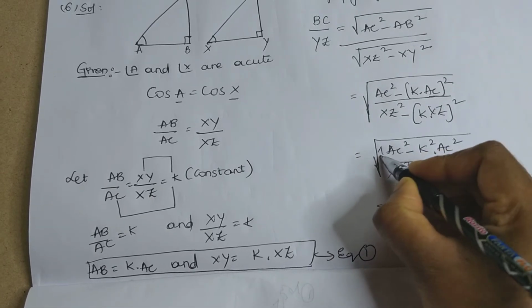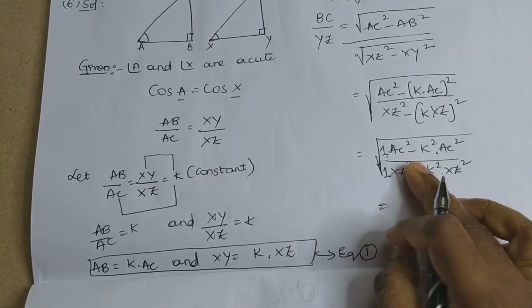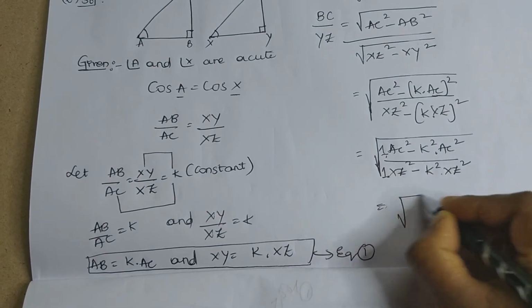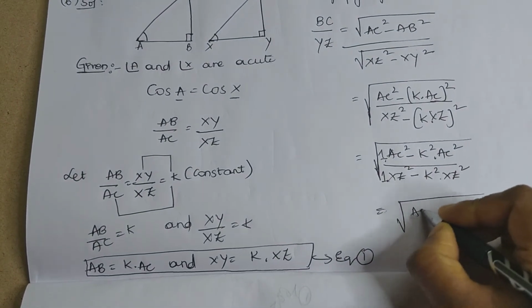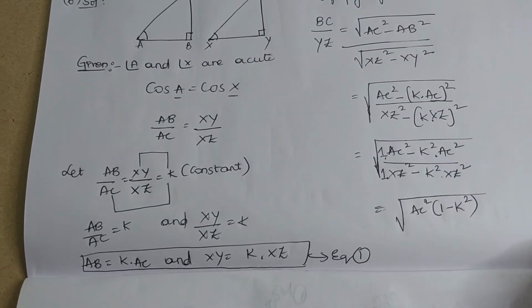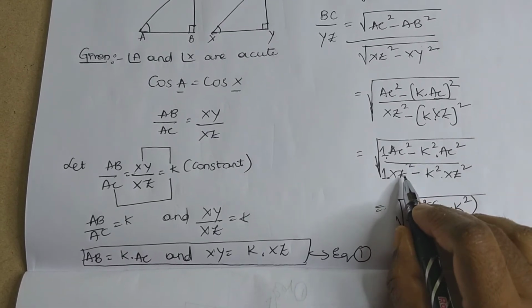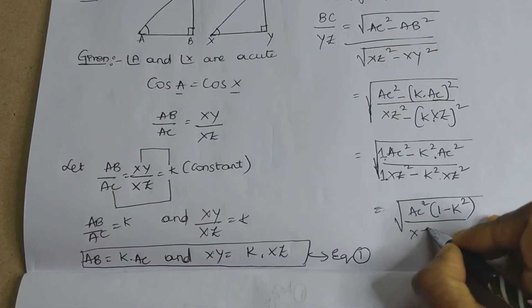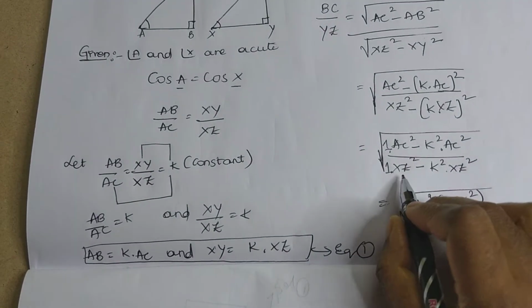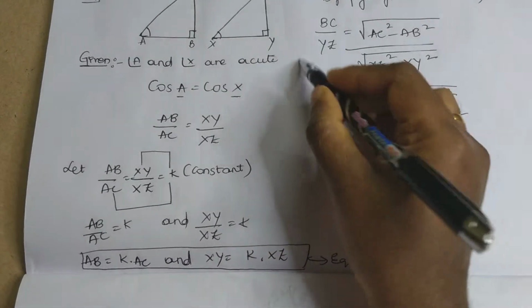So here what will I do? Since AC square is common, I will take AC square common in the numerator, so that you will get 1 minus K square in brackets. Correct? In the same way, in the denominator I will take XZ square common, so XZ square into 1 minus K square. Correct?